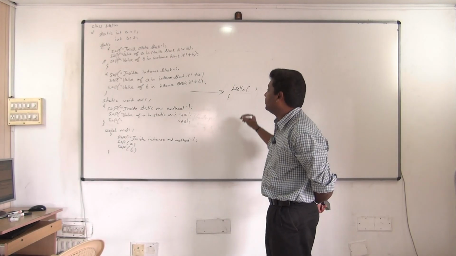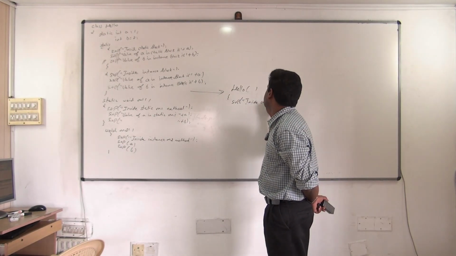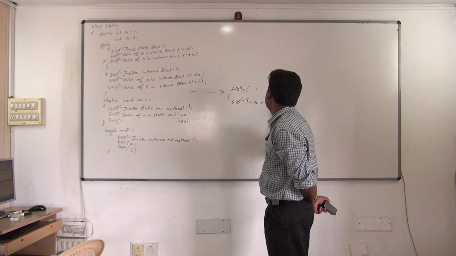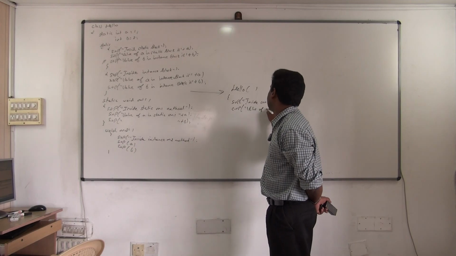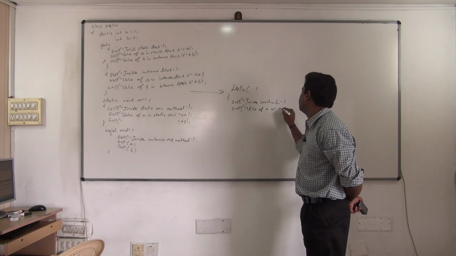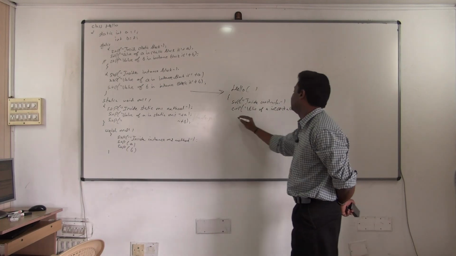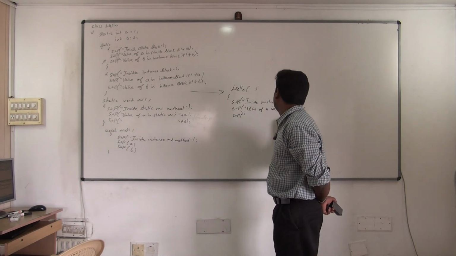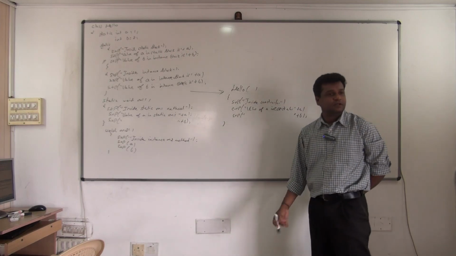SOP inside constructor. SOP value of A in the constructor is plus A. SOP in constructor is plus B. Are you following? So write all the members.